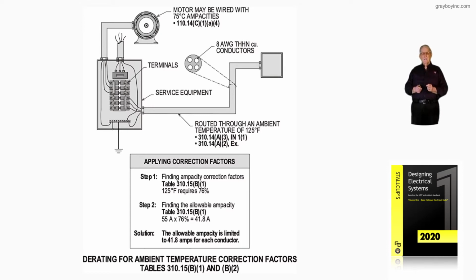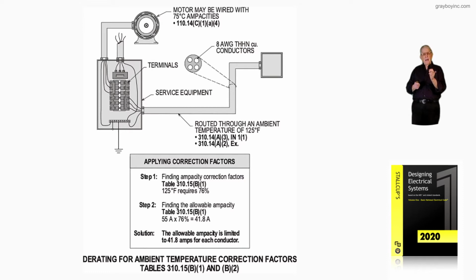Notice that informational note 1 lists these items. So let's look at informational note 1, item 1, which is below the service equipment next to the grounding electrode conductor. We're routing through an ambient temperature of 100 degrees Fahrenheit.